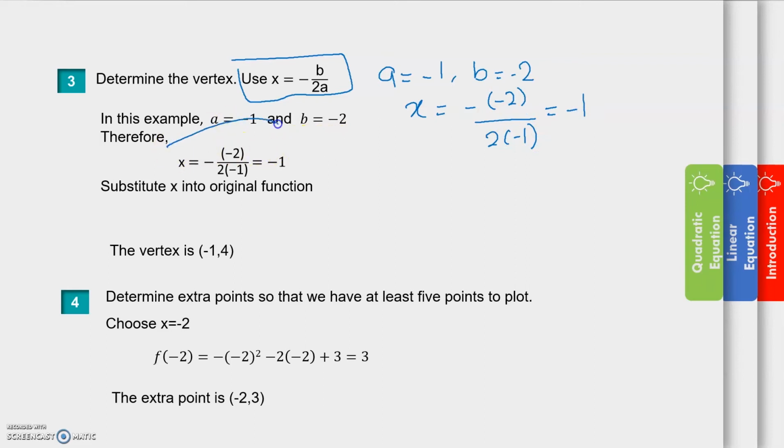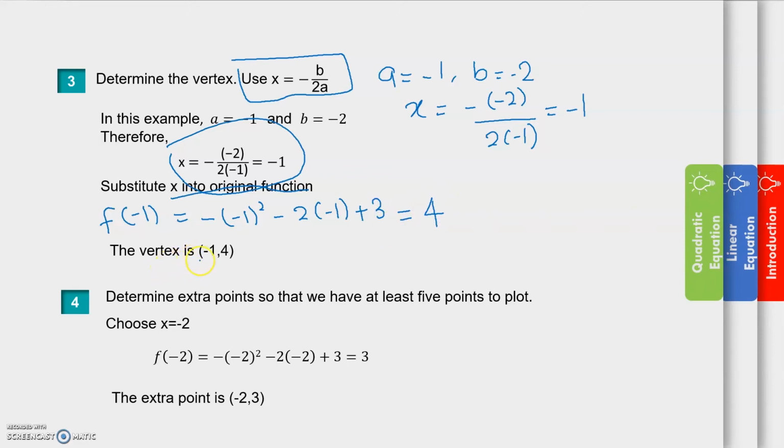That is given by this formula. And then we can substitute the x that we got here into our original function. That is, we have f(-1) equal to -(-1) squared minus 2 times -1 plus 3. When we solve this one, we get the answer equal to 4.